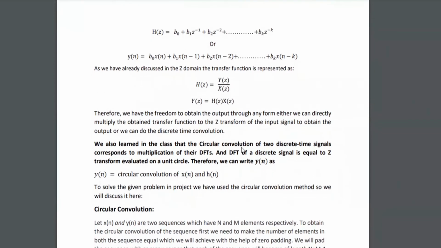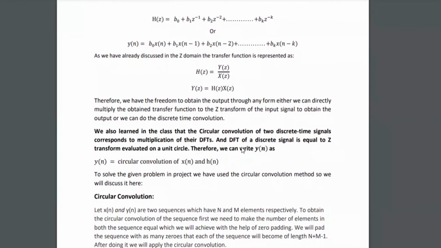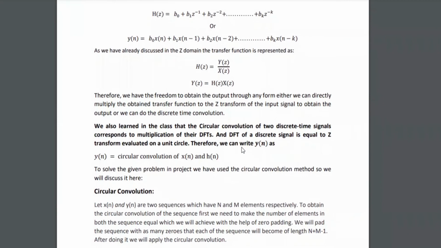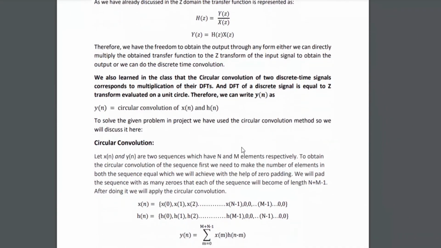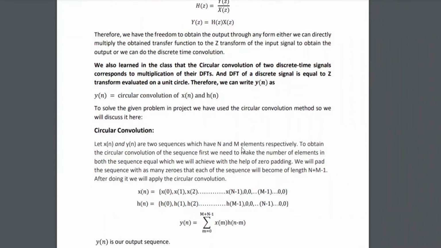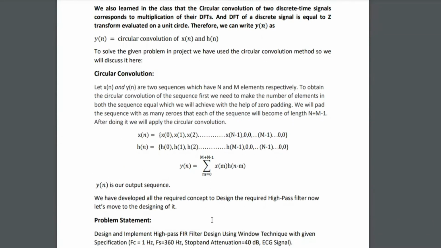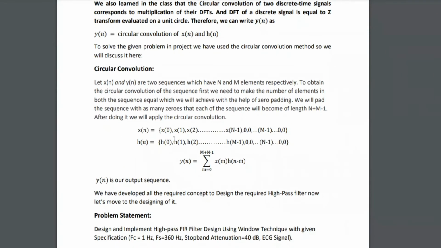We also learned in the class that the circular convolution of two discrete time signals corresponds to multiplication of their DFTs, and the DFT of a discrete signal is equal to the Z transform evaluated on a unit circle. Therefore, we can write y(n) as the circular convolution of x(n) and h(n). The formula for circular convolution we have mentioned here. In circular convolution, because we have a different number of elements in x(n) and h(n), we will use zero padding.